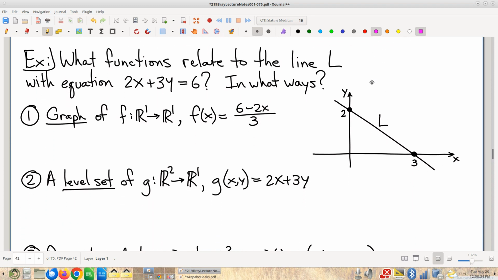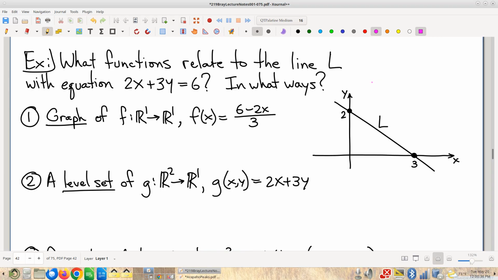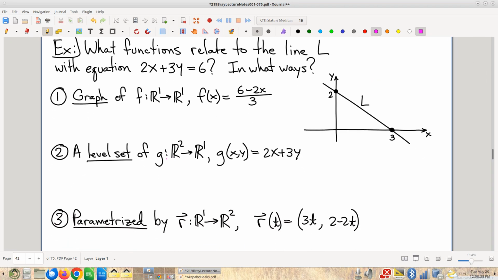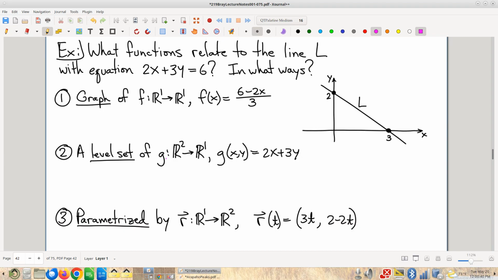Okay, so here's a nice example of how these constructions are different. Now, what I've done so far is I've said, okay, if you give me a function, what are all the different pictures that we can produce of that function? Now, we talked about graphs and level sets and the literal picture. And there's also, flashback, when we draw a parametric curve.